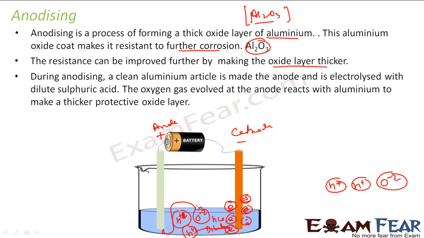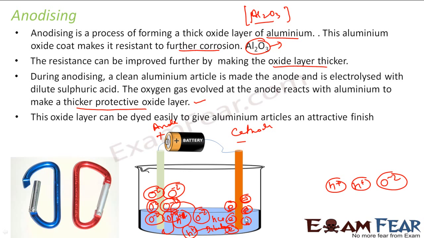So near the anode we have a huge concentration of oxygen, more and more oxygens. Since we have more and more oxygens here, oxygen will react with aluminium to give Al2O3. And since the oxygen concentration is more, it gives a thicker protective layer.